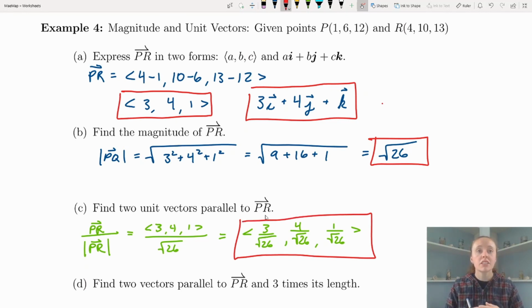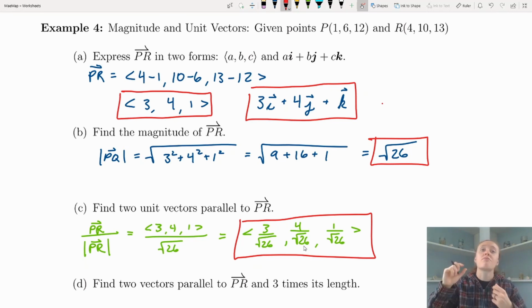And remember, vectors have direction and magnitude. So the magnitude has to be that same length of 1, but the direction can be different because we just want it to be parallel. So this is a unit vector in the same direction as PR. Now I'm going to make a unit vector in the opposite direction. I'm not going to change that magnitude, I'll just multiply by a -1.